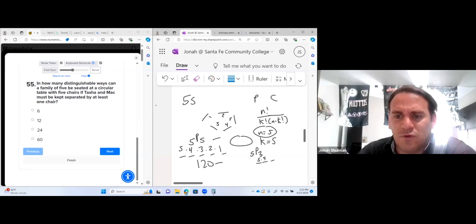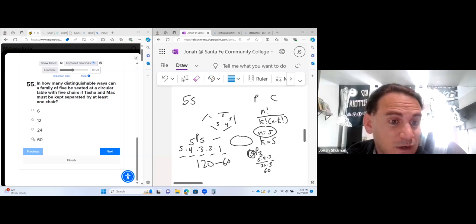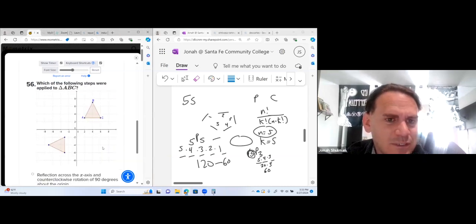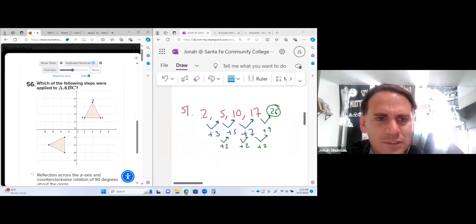That's 5 times 4 times 3. 20 times 3 is 60. Why? Because I think I'm accounting for the 5 people, 3 have to be separate. I'm going with 60 ways. I could be wrong, so we'll see what that one is. The 55 I'm not sure about, but I went with 60.